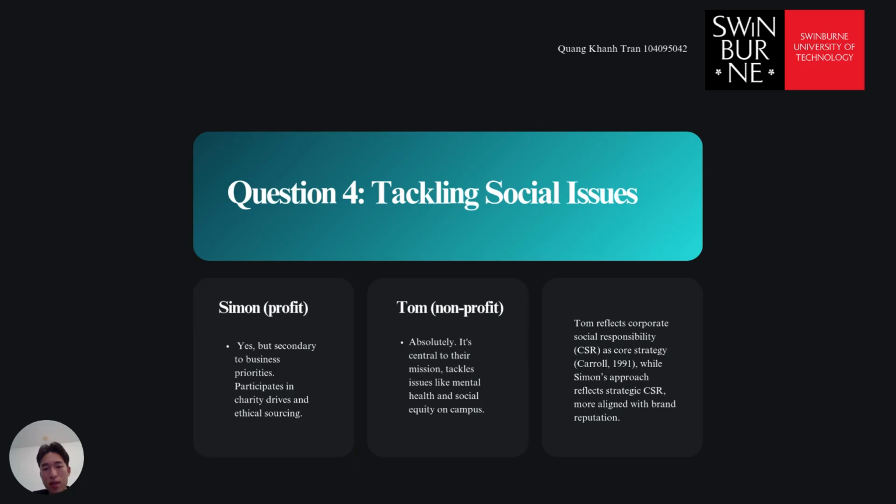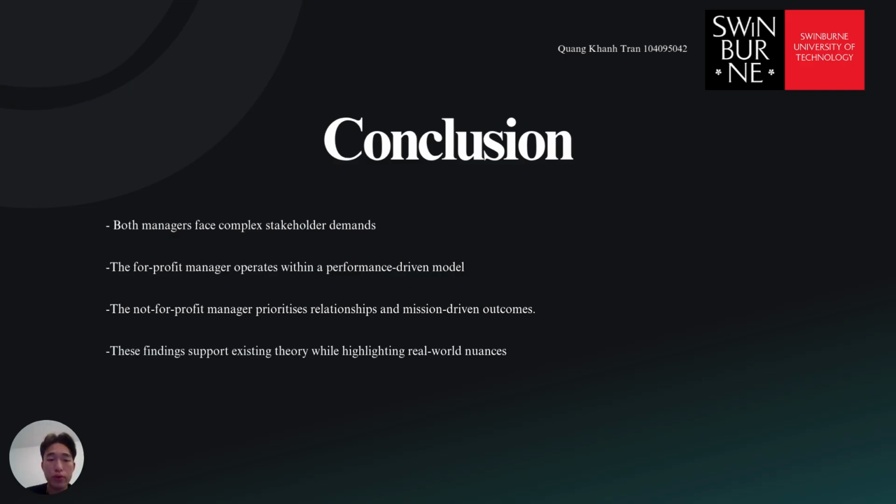For businesses, social responsibility builds on an economic and legal foundation, while for social organizations, ethics and philanthropy come first. So to conclude, both managers work with multiple stakeholders, but their priorities and approaches differ.